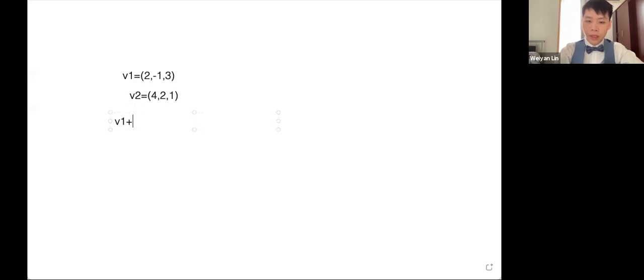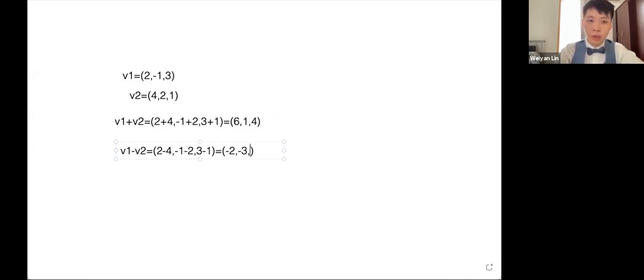So V1 plus V2 is equal to 2 plus 4, -1 plus 2, and 3 plus 1, which is (6, 1, 4). And V1 minus V2 is equal to 2 minus 4, -1 minus 2, and 3 minus 1. In this case it is (-2, -3, 2).